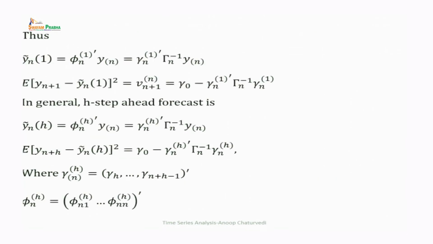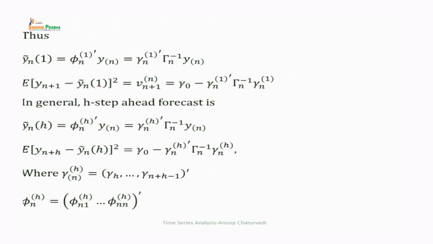So, the one step ahead forecast value is phi n 1 transpose y n, equal to gamma n 1 transpose capital gamma n inverse y n. Then you can easily obtain the expectation of y n plus 1 minus y n curl 1, whole square. If you take a square of this, then the expectation of y n plus 1 square is equal to gamma naught.